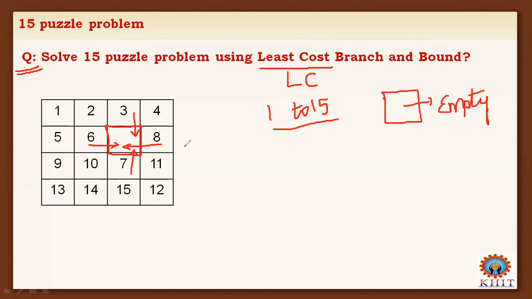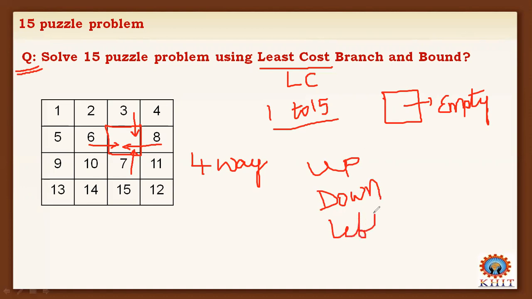So that means that I have 4 ways to move the empty space: upward, downward, left side, or right side.